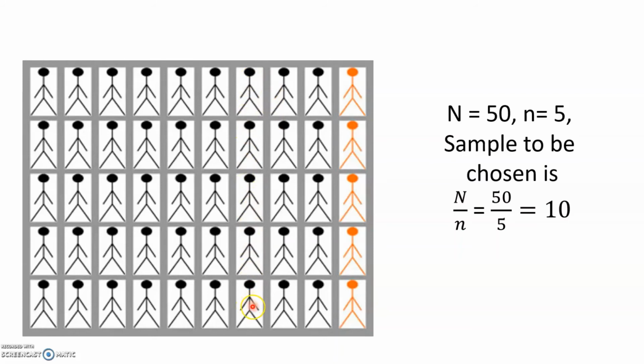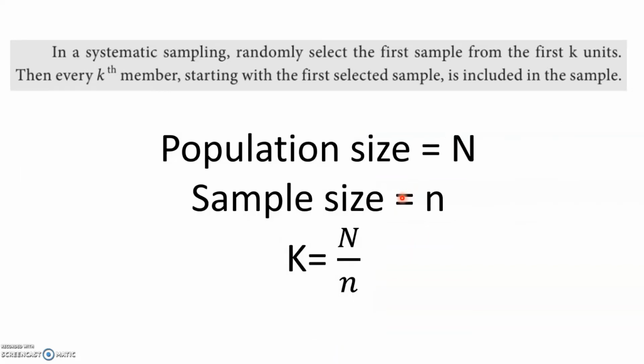So this method of systematically organizing your population in an order, numbering them, and then choosing a sample according to the number sequence is called systematic sampling. In systematic sampling, you randomly select the first sample from the first k units.